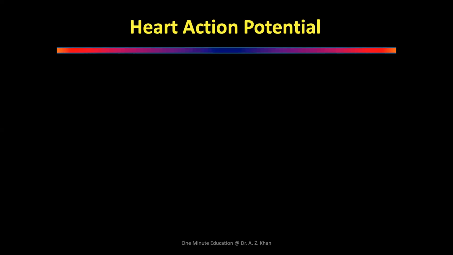I hope you understood the question. Frequently asked in a table viva in the FRCS for sure. Trace me from SA node to the ventricle, but in terms of action potential.